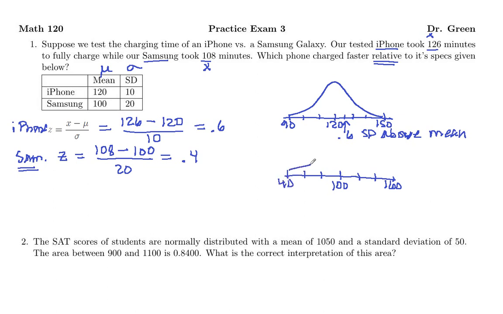That distribution looks like this. It's going to be more spread out than the distribution for the iPhone. Our charging time is 108, so that's going to be about right here, because this is 120. And that's 0.4 standard deviations above the mean. So it's a lower number of standard deviations above the mean.